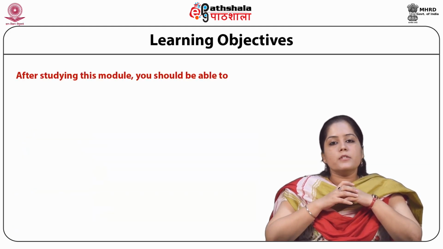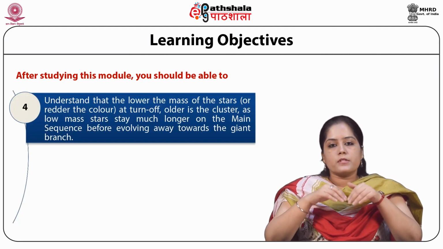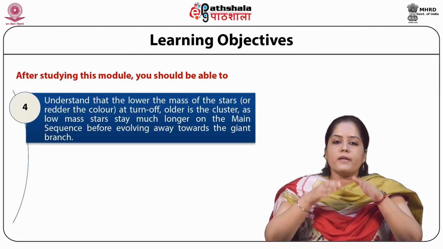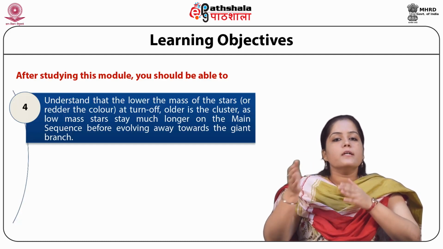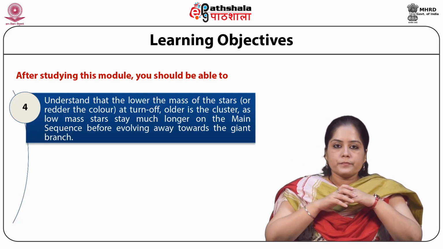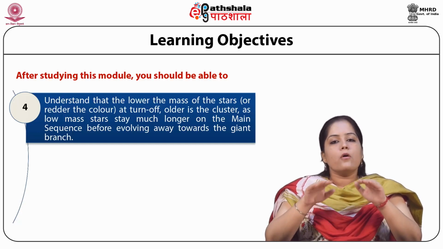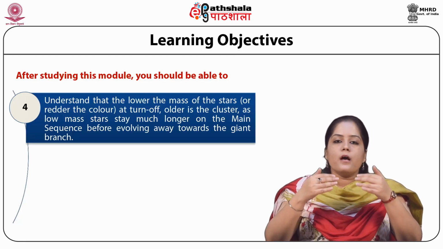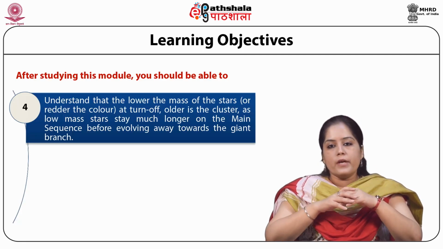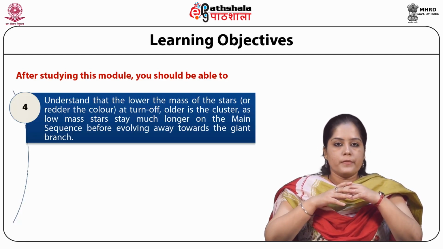Lastly, you will understand that the lower the mass of the stars, the redder the color at turn-off, and the older the cluster. Low mass stars stay much longer on the main sequence before evolving away towards the giant branch.